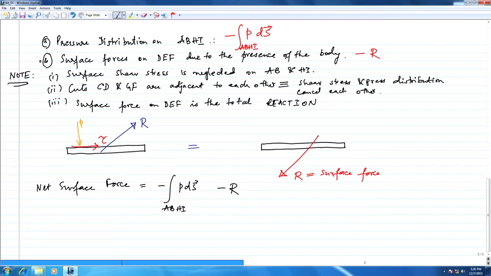Now, if I write from the momentum equation, I would request you to look up the entire momentum equation in case you have forgotten.